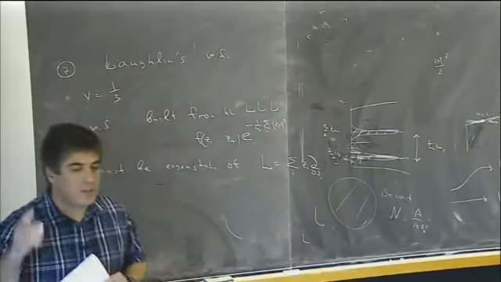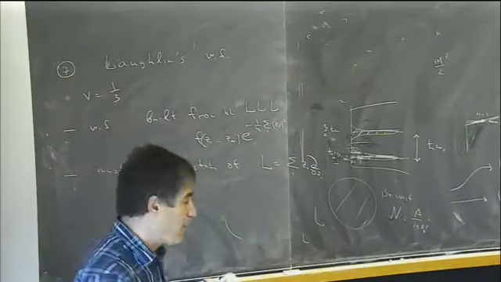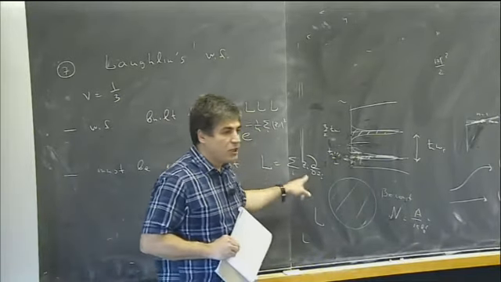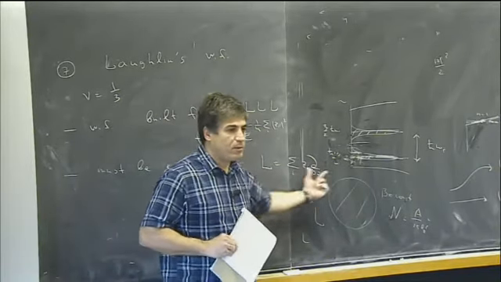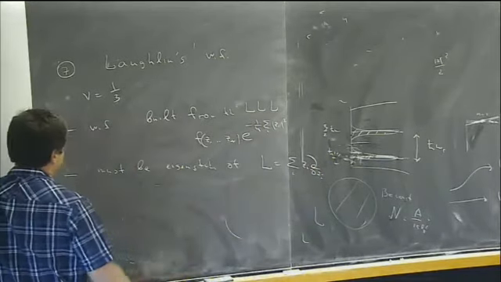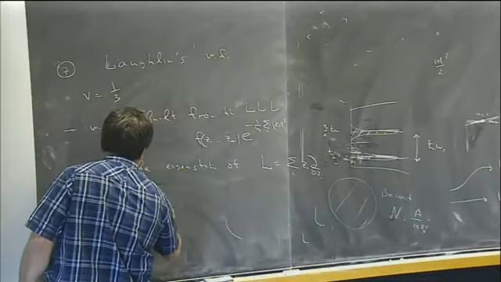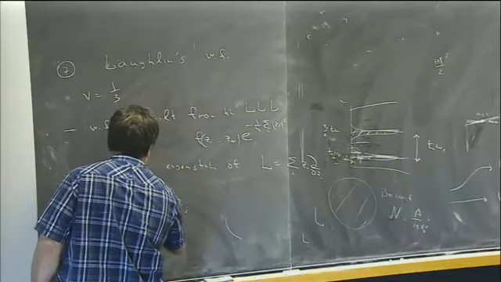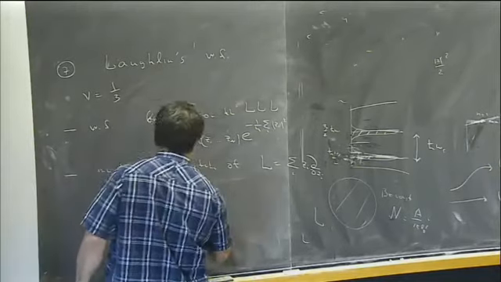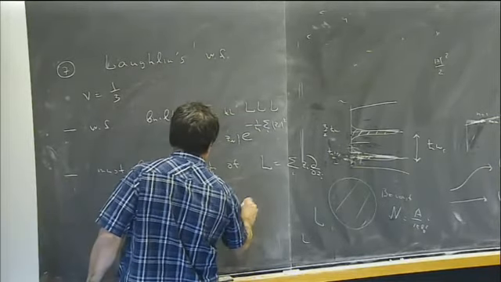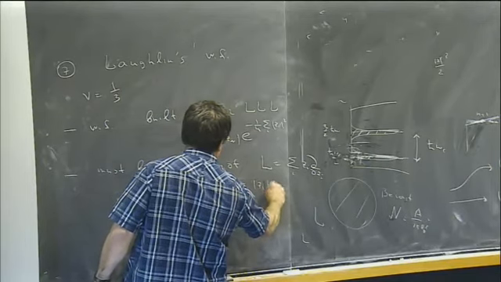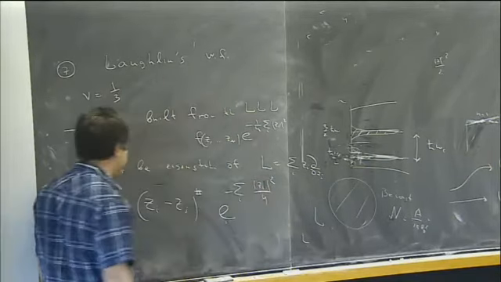This is d over d theta, where theta is the angle. So what this means is that it should be a homogeneous function, summing all the powers. One way to write it would be product of zi minus zj, i less than j, to some power, times e to the minus sum of |zi| squared over 4.